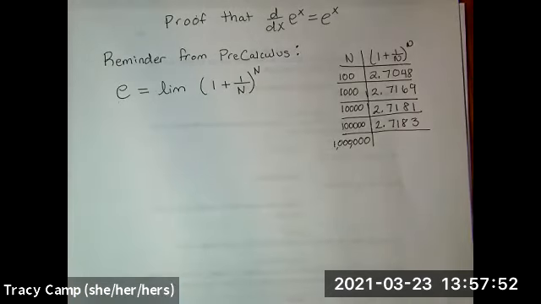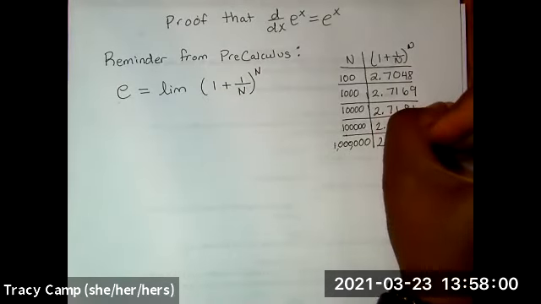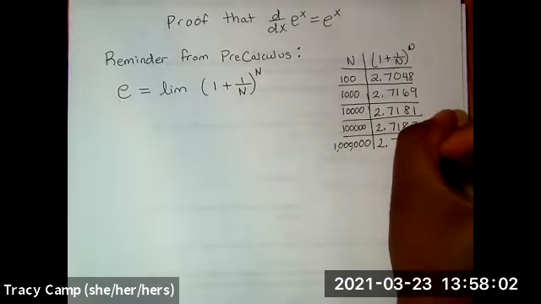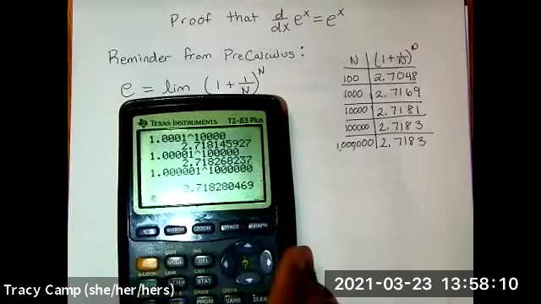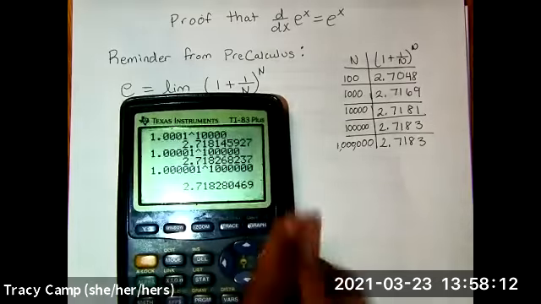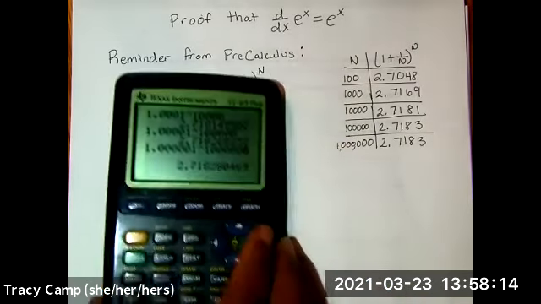When I plug in 1 million for n, I get 2.7183 again. I was just using my calculator, plugging in these various numbers for n.